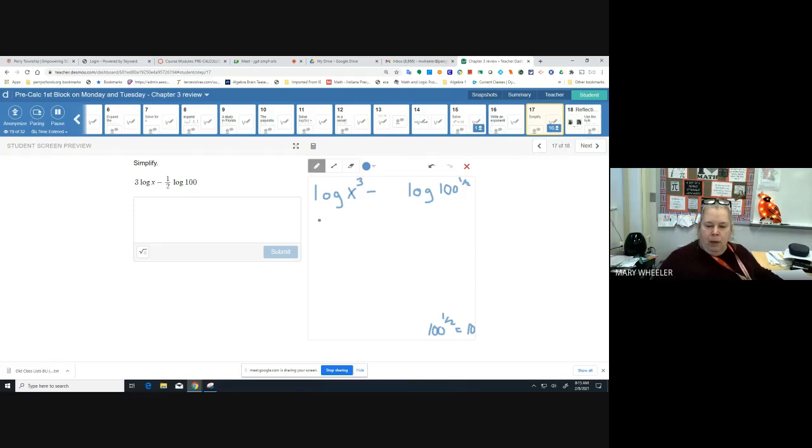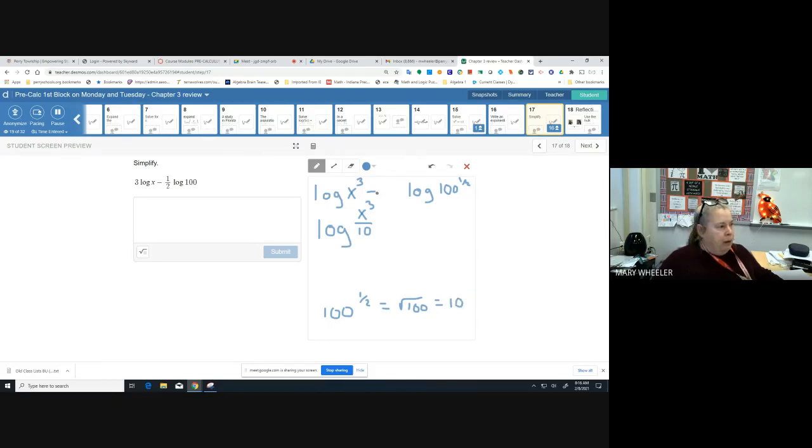So that's going to be log x cubed over 10. Okay? And I'm going to write that a little bit bigger down here. 100 to the 1/2 is the same as the square root of 100, which is 10.